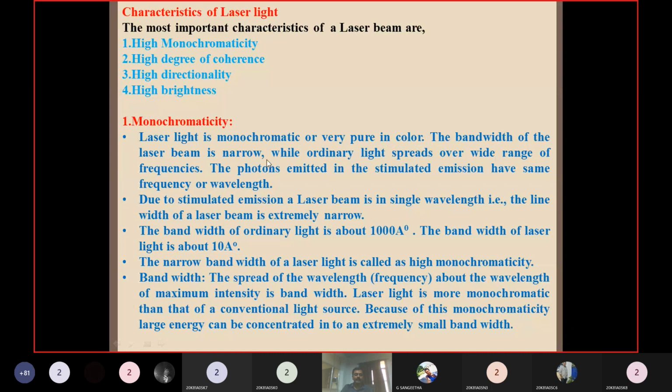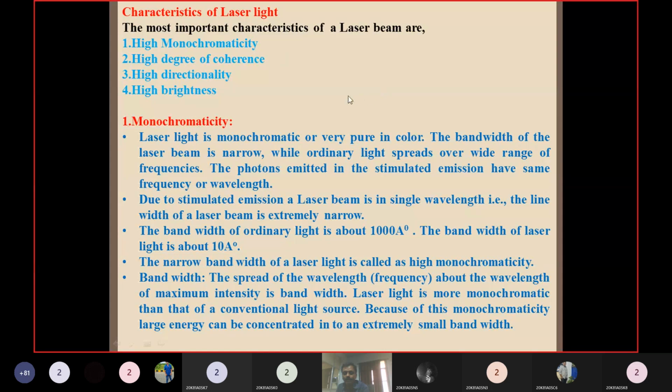The bandwidth of the laser beam is narrow, while ordinary light spreads over a wide range of frequencies. The photons emitted in stimulated emission have the same frequency or wavelength. So the first point is high monochromaticity, pure in color.